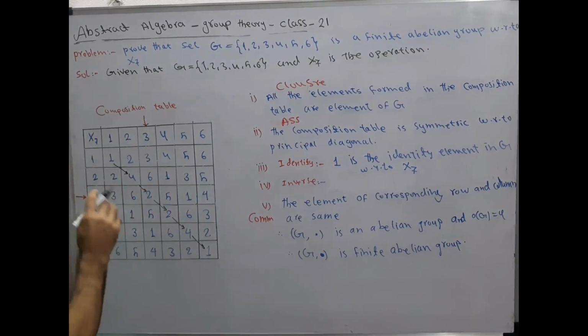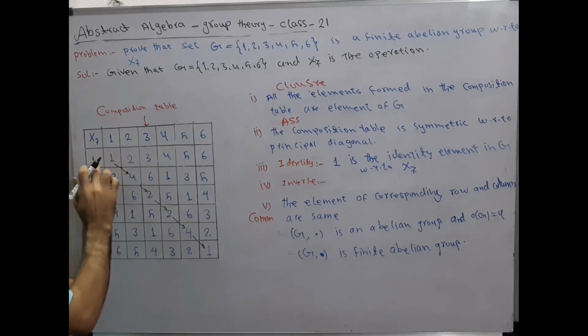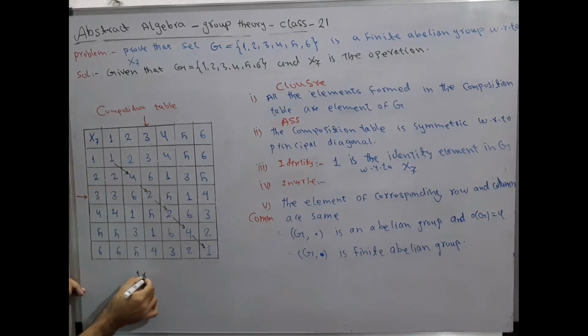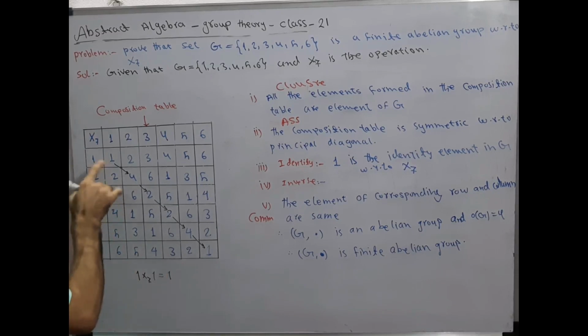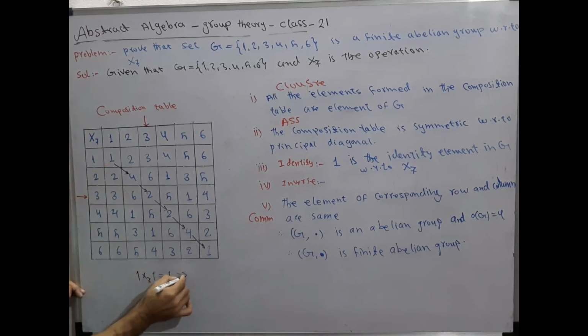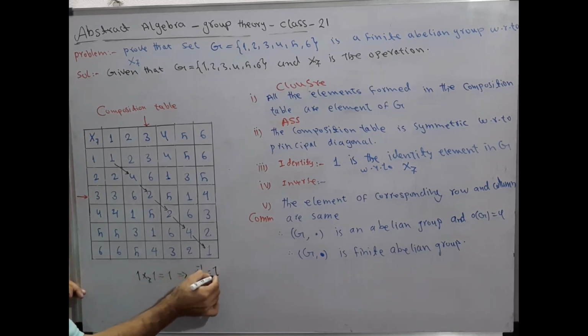See here, 1 into 1 is 1 in multiplication modulo 7. Therefore, 1 is the identity element, and the inverse of 1 is equal to 1.